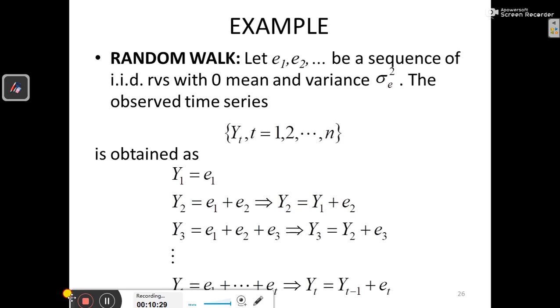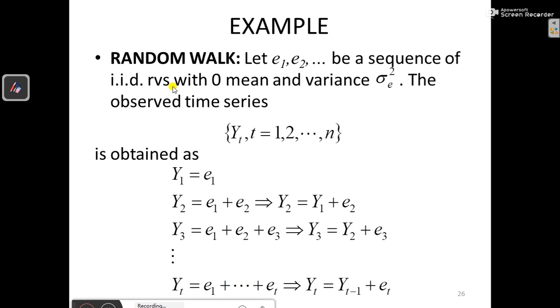In that way this is random, because this is just a random walk. Y2 is dependent on Y1 plus e2, and Y3 is e1 plus e2 plus e3, meaning Y3 equal to Y2 plus e3, and that is why Yt equal to Y(t-1) plus et. So that is what random walk means.